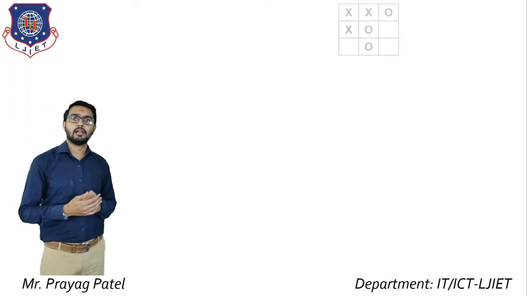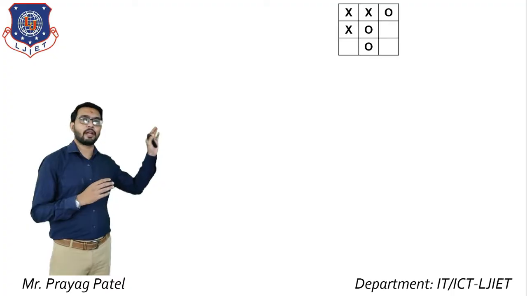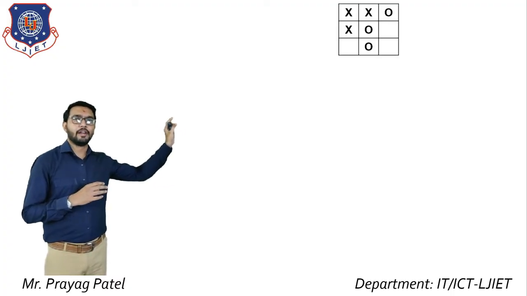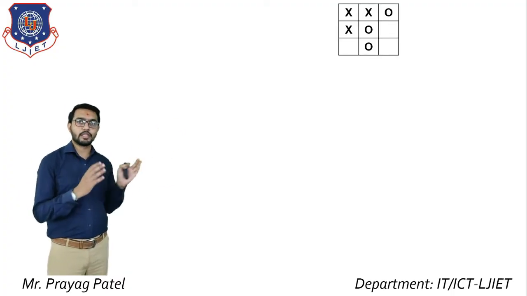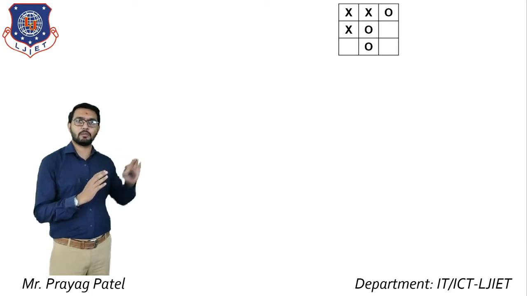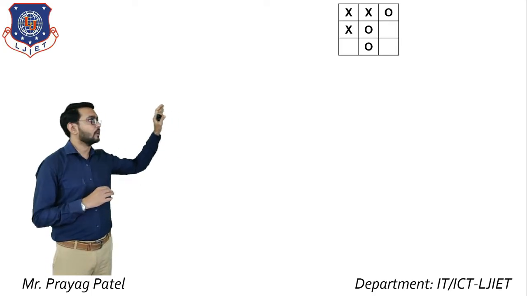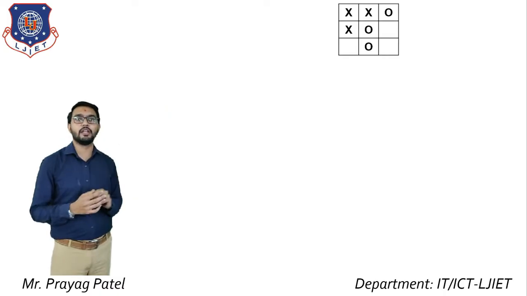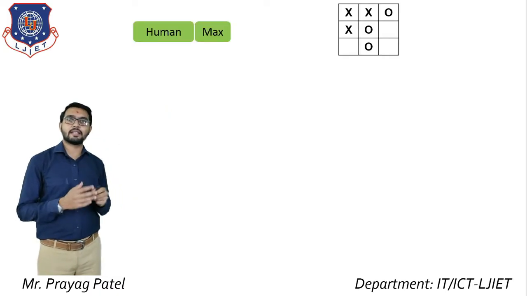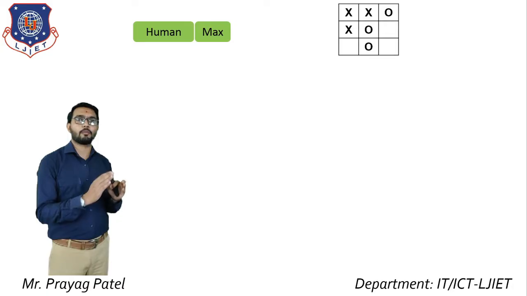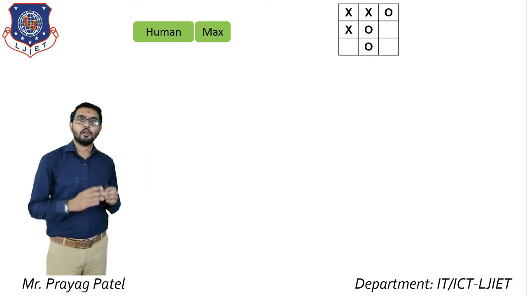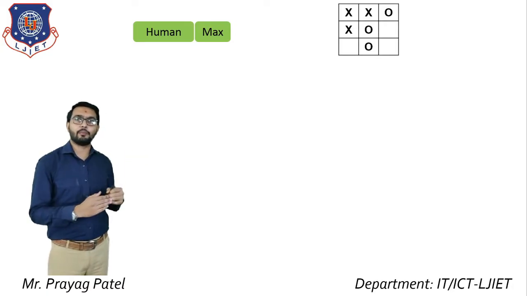So here consider this problem. For example, consider this as your intermediate state, because initially you start from the initial state, but for understanding purposes we consider this an intermediate state. Now consider this as the human player, the max player. So human and system players are there.